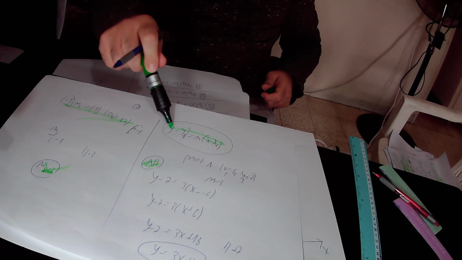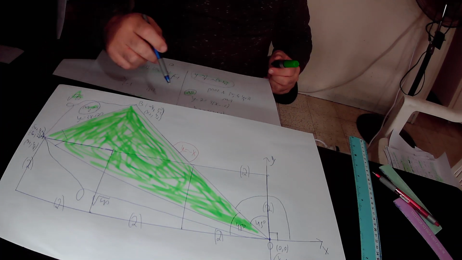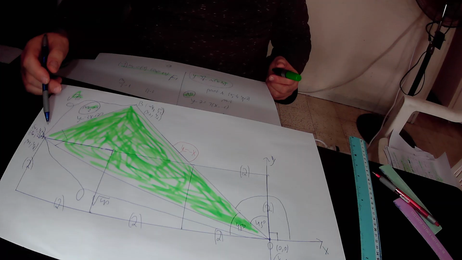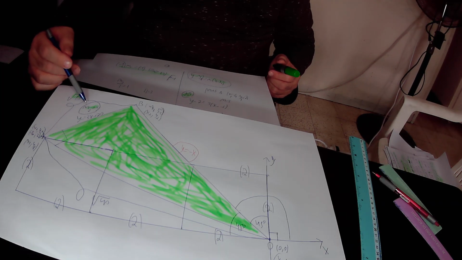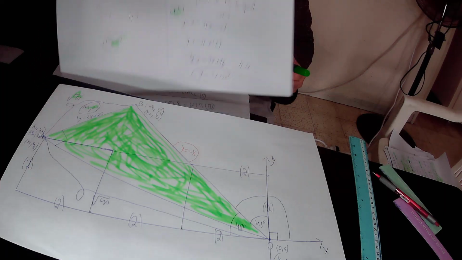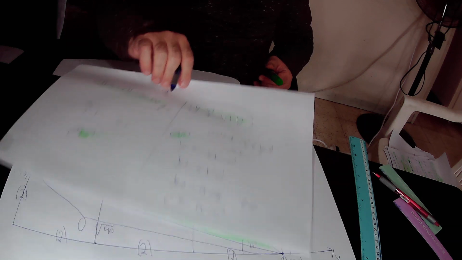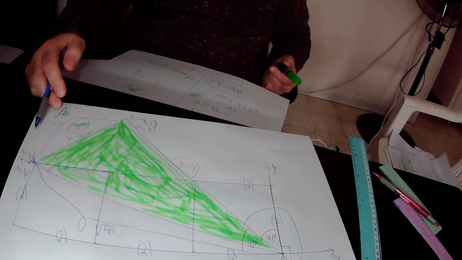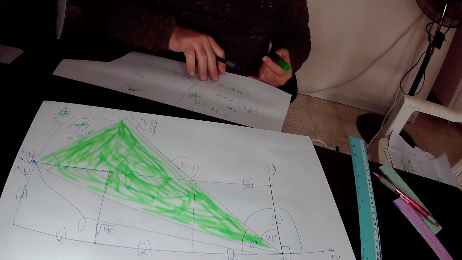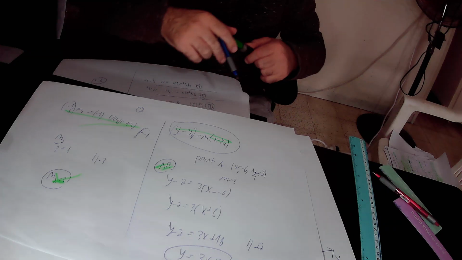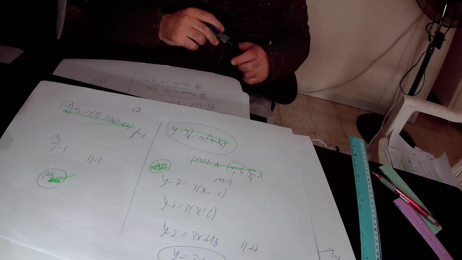We use this formula because we have one point, A, and we know that the slope of this line is 3. For point A, we defined x1 is minus 6 and y1 is 2.